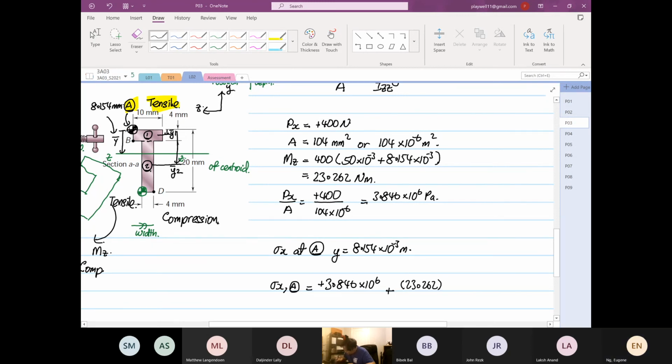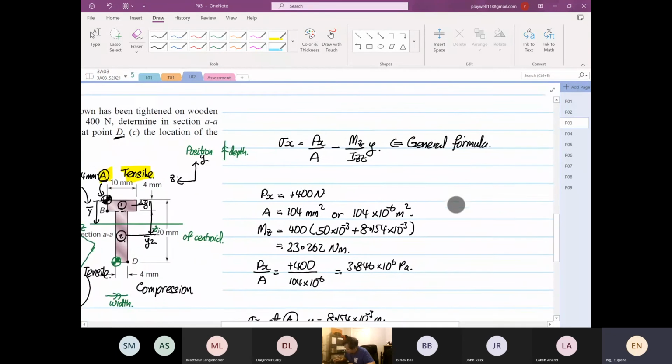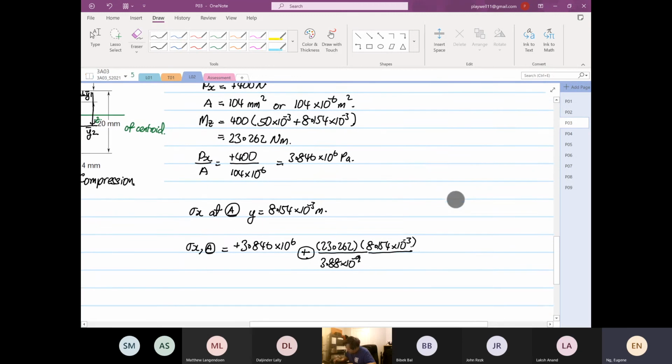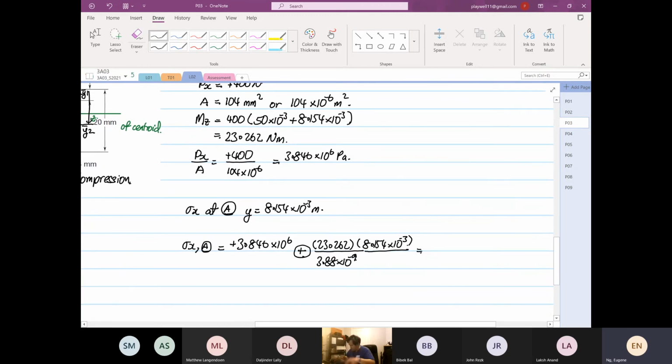So Mz, we know, is 23.262, divided by IZZ, we found Izz is 3.88 times 10 to the power minus 9, and y is equal to 8.154. So no need to worry about whether the 8.154 is positive or negative. We know that this is going to be tensile, based on analysis, right?